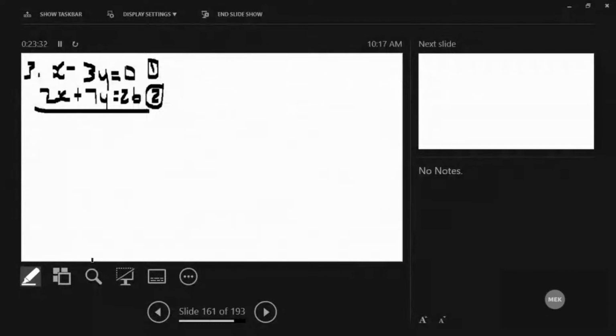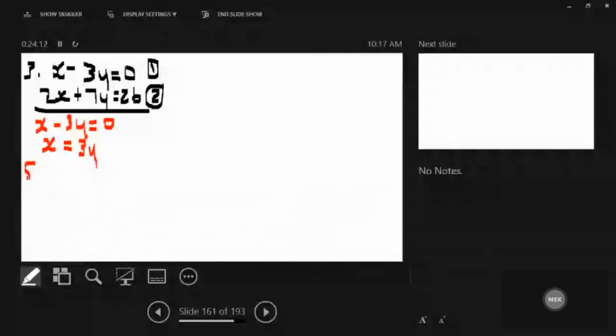Okay. So looking at the two equations, we can see that this variable has a coefficient of 1. So we're going to focus on that equation and transpose to make the x the subject of the equation. So if x minus 3y is 0, then x is equal to 3y. So we're going to substitute that now into equation 2, wherever x is, we're going to put a bracket and put 3y.